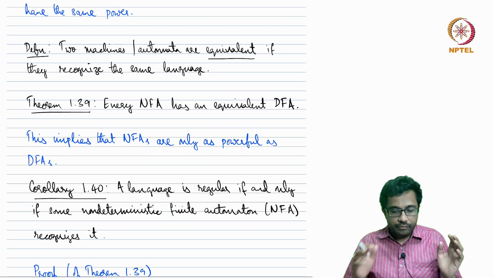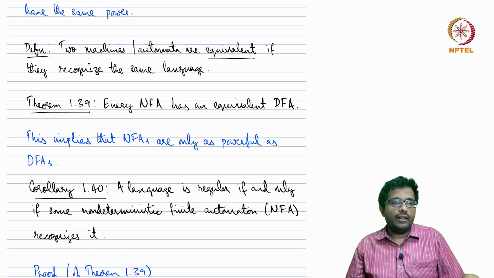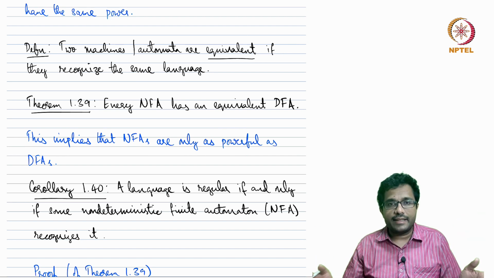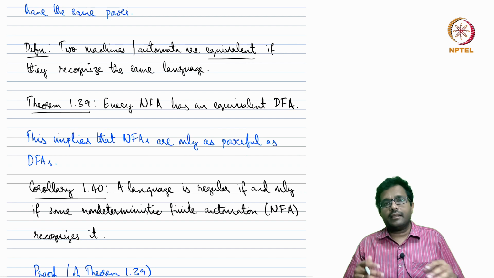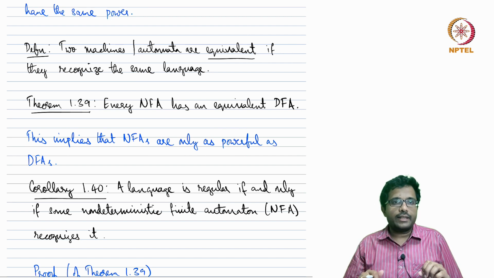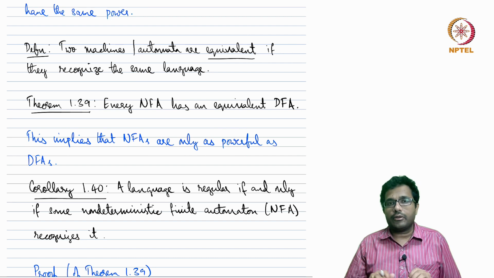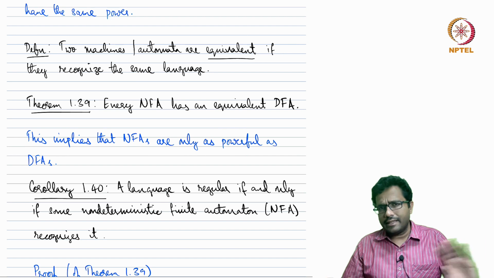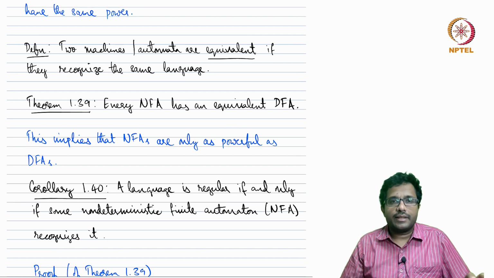It is possible that for a language recognized by an NFA, the equivalent DFA will have way more states than the NFA, and maybe the DFA is more complex than the NFA. But that is not the point here. The point is that anything that an NFA can do, a DFA can also do. The resulting DFA may be more involved, which is not what we want to focus on, but I am just stating it here.